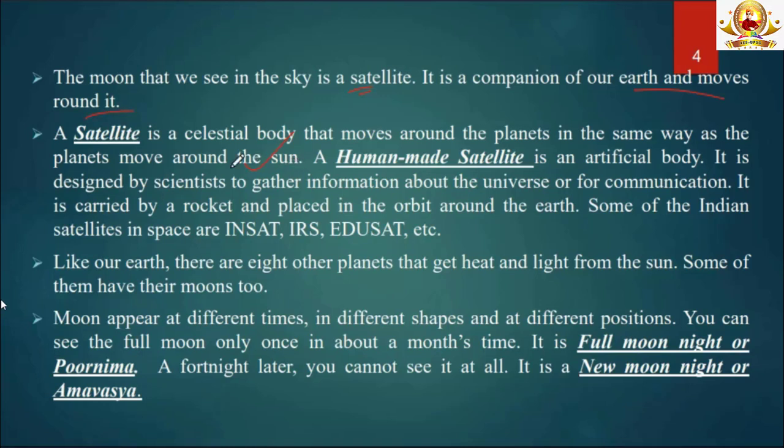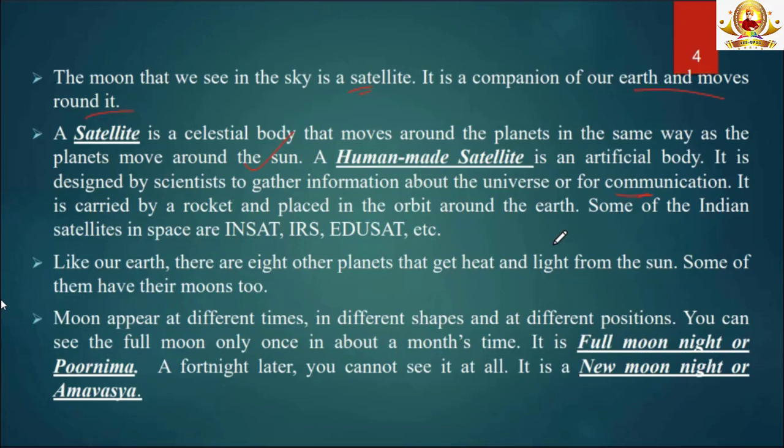But let's come to the point that satellites are not only natural satellites. For example, the moon is a natural satellite, but satellites are human made also. If you remember, in our childhood we used to talk about satellite phones for communication. These satellite phones used to connect us to a satellite, and that satellite would connect us to the other phone.